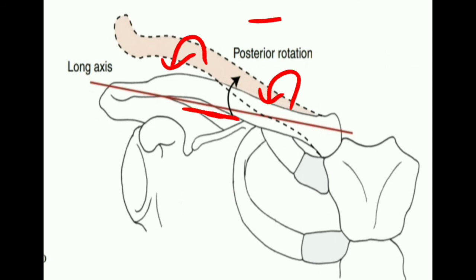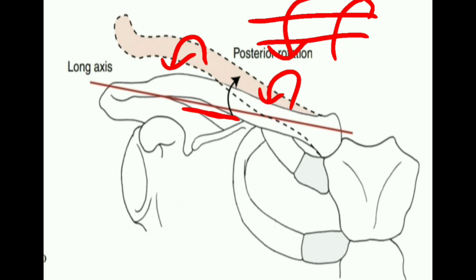Imagine that this is the clavicle. When the inferior part comes anteriorly, then it is known as the posterior rotation. When this posterior rotated clavicle comes to the neutral position, then it is known as the anterior rotation.